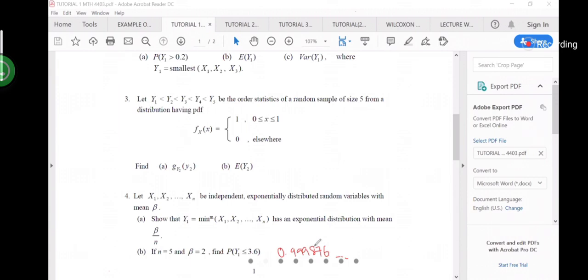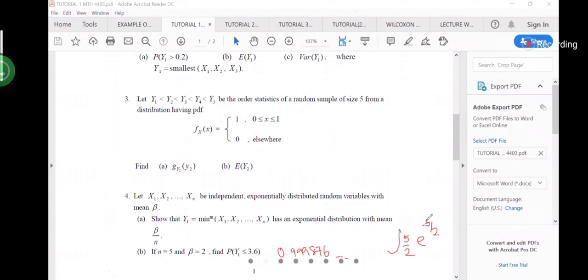How do you get this value? You integrate the function, right? You integrate 5 over 2, isn't it? Because given n equal to 5, then e to the power of what? Minus 5 over 2, isn't it? Minus 5 over 2, y1.